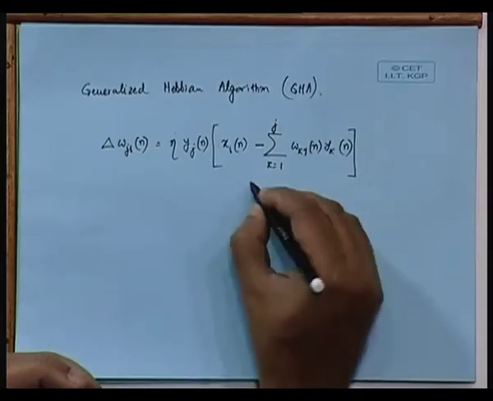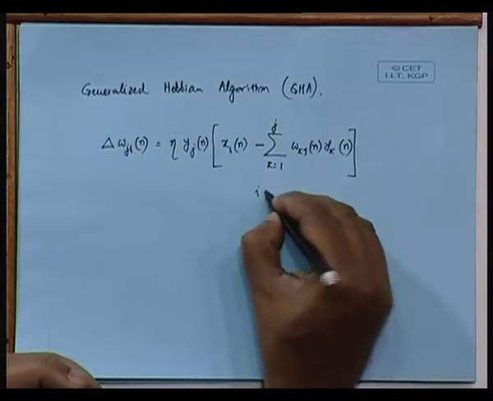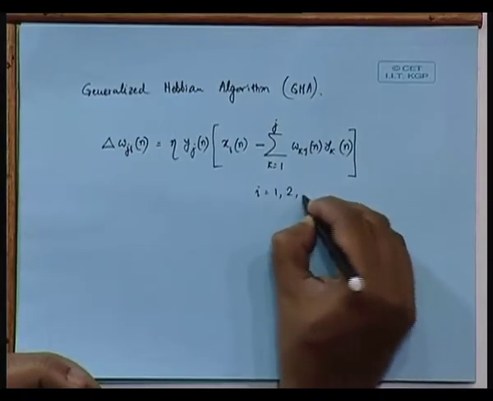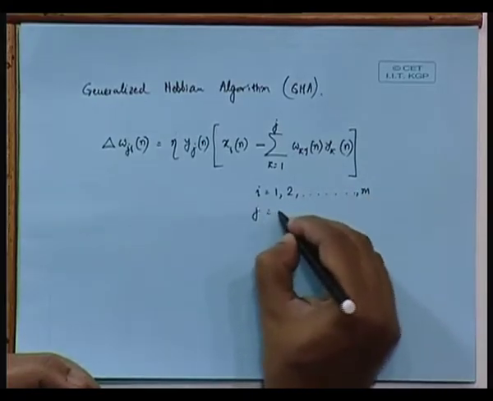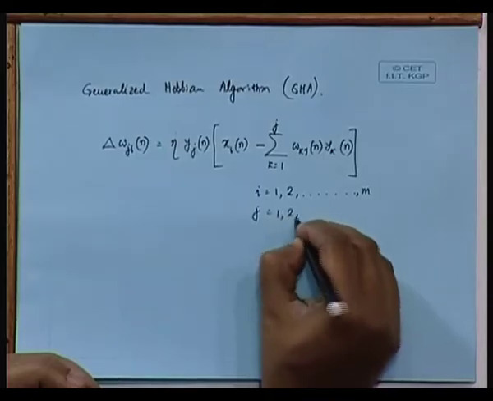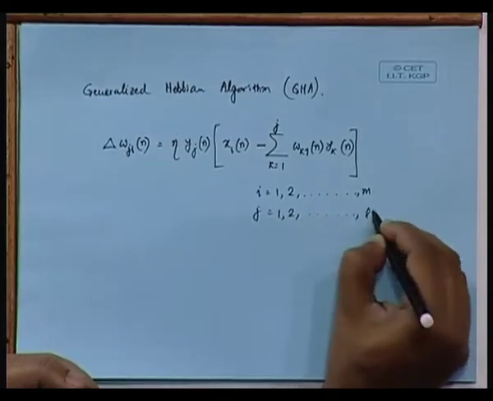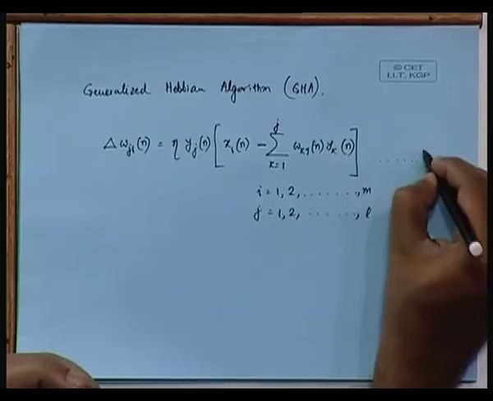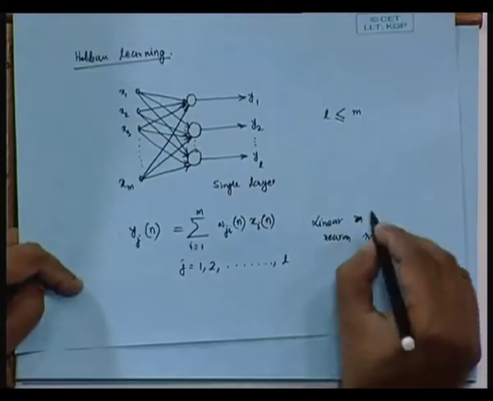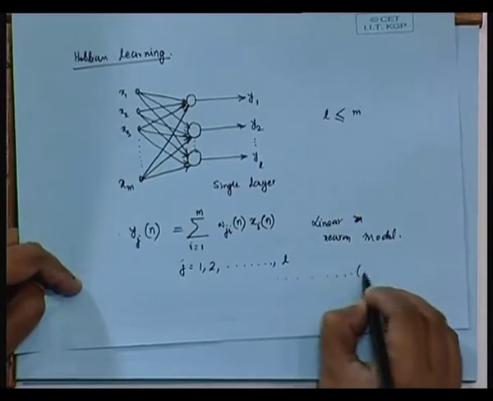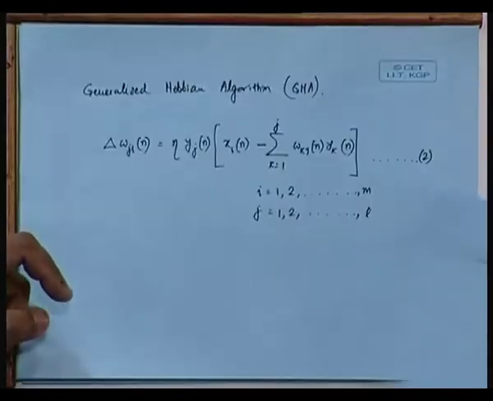In this equation, i will vary from 1 to m, and j, the output index, will vary from 1 to L. We are calling this equation number 2, and the first one that we had got, we are calling equation number 1.